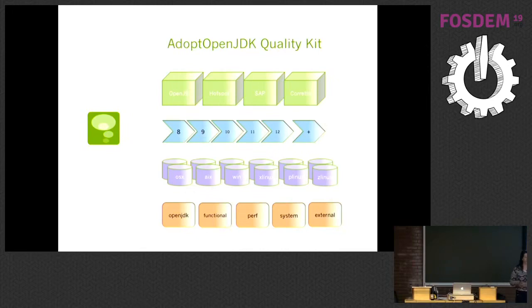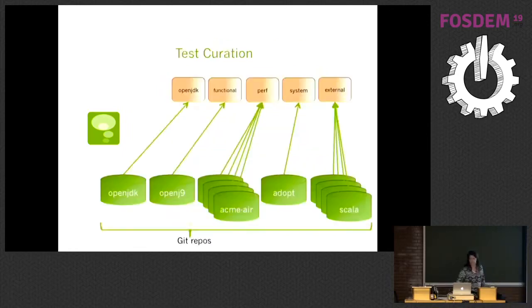Because I could ask the development team, okay, now you have to learn all about OpenJDK regression tests and how to run those. And then you have to learn about these system tests and how to run those. Oh, and then you have to learn about these performance benchmarks and how to run and read those. So we're trying to standardize a little bit across all of those very diverse sets of tests, just enough to make it a little bit easier to run them.